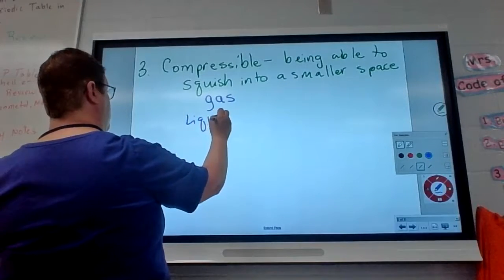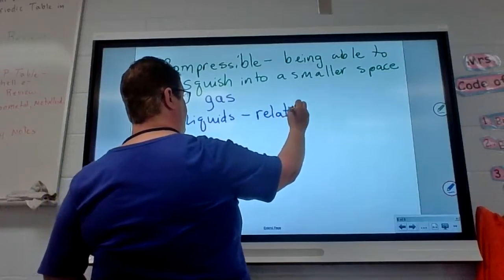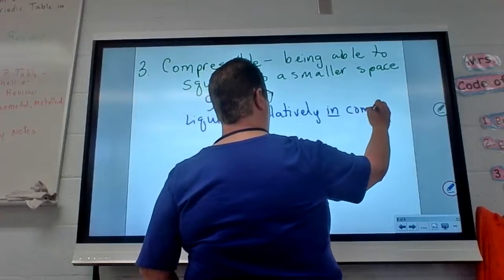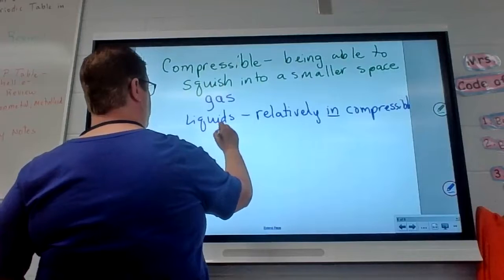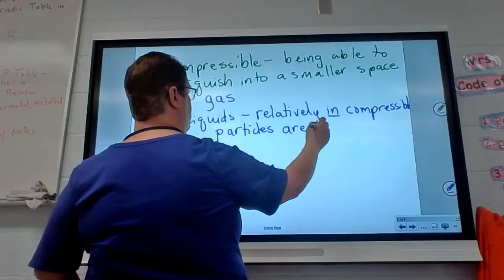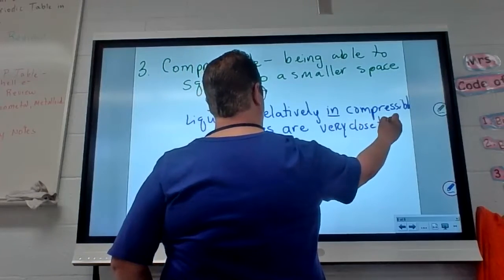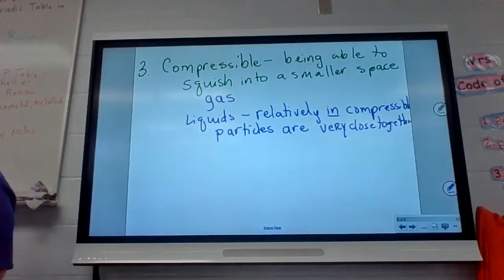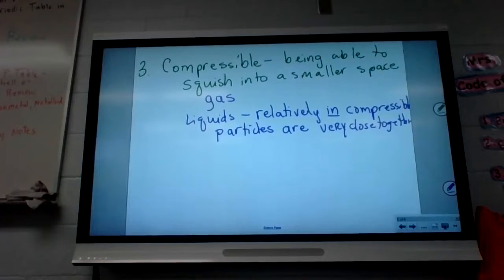Liquids are relatively incompressible. The particles are very close together, and because they're so close together, we say they're relatively incompressible.